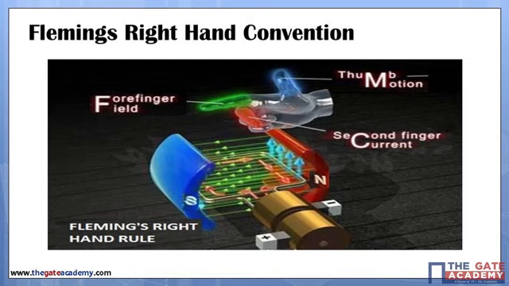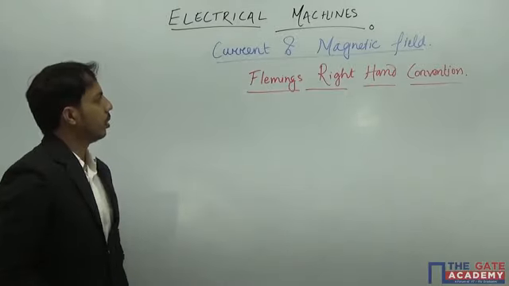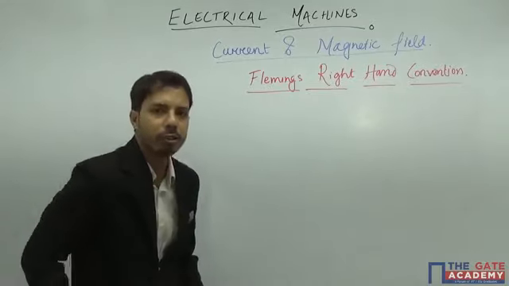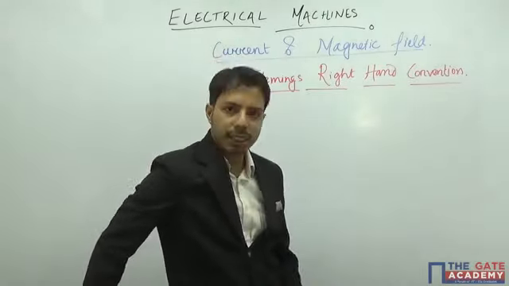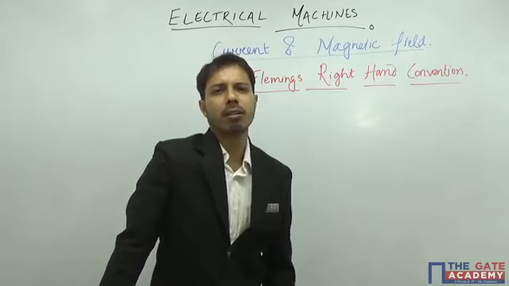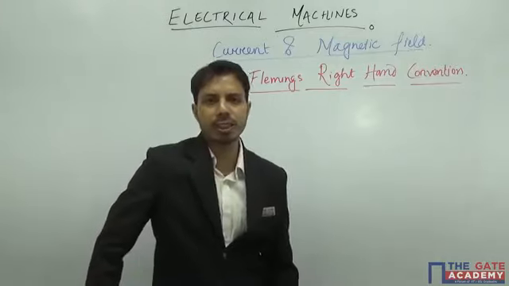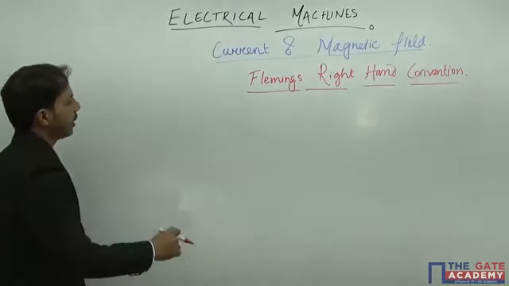We use this convention to find out the EMF which is induced in a particular coil, which is having either flux cutting action or linking a flux which is changing with respect to time.